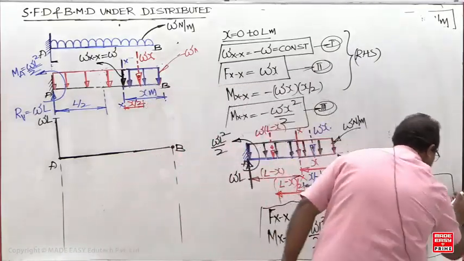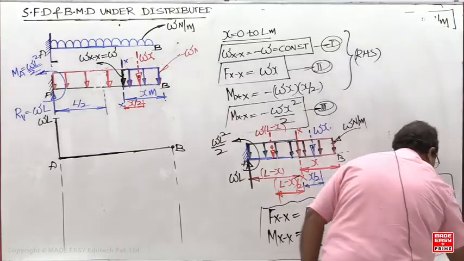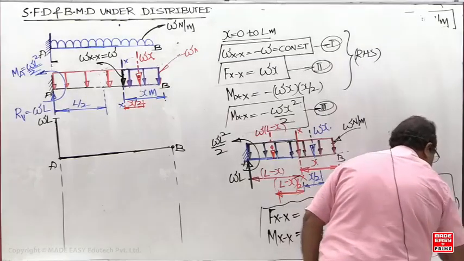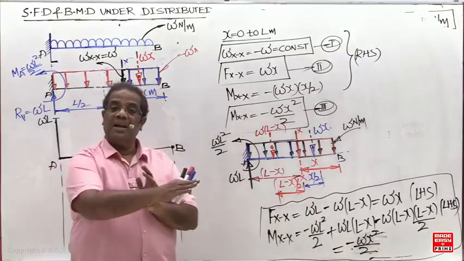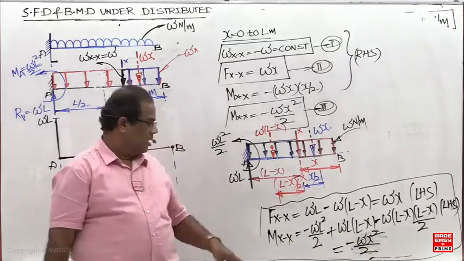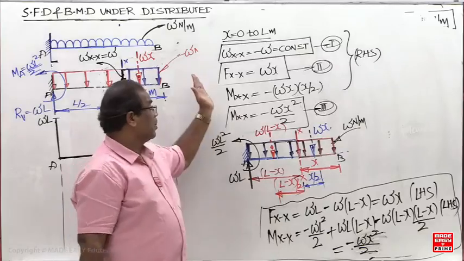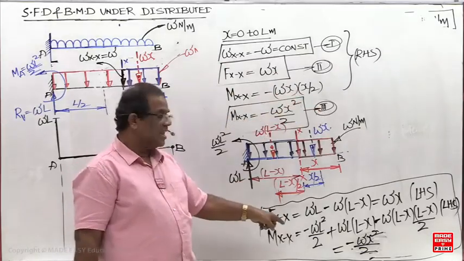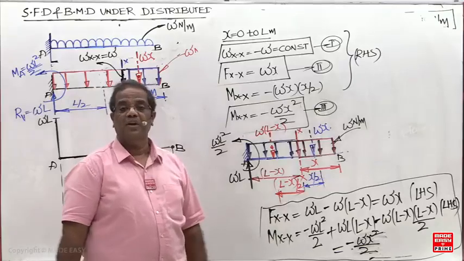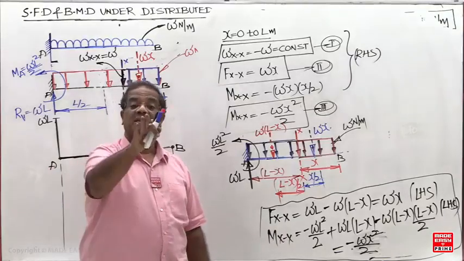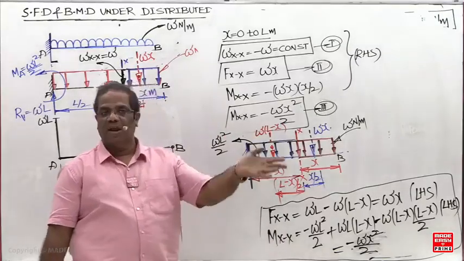Here L means what? The left hand side I have taken. Whether you take the left side or the right side, you should get the same result. But which one becomes simple? The right side becomes simple. If you take the left side, it takes more time and the chance of committing a mistake is more. That's why, as you have studied, it is always better to consider the side on which the least number of loads are there.